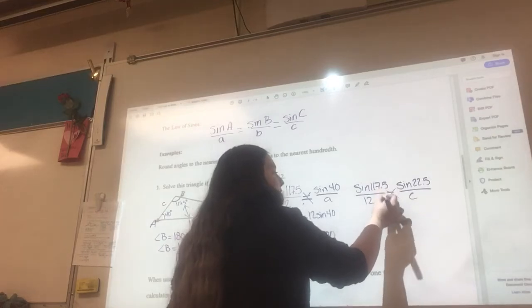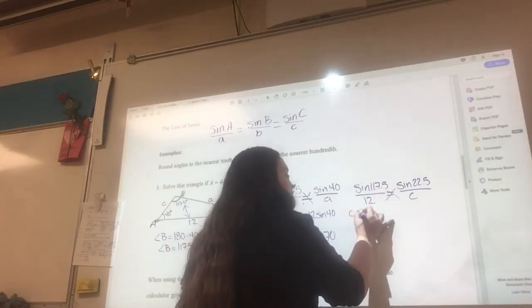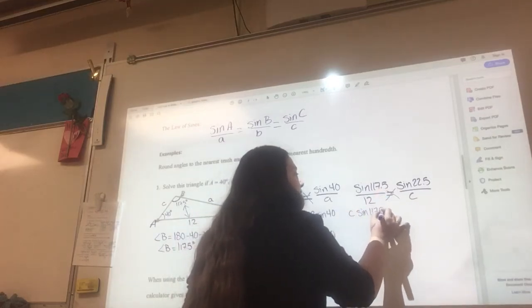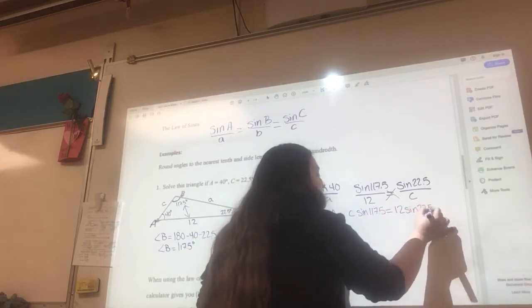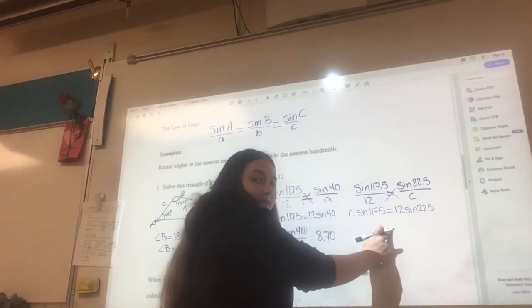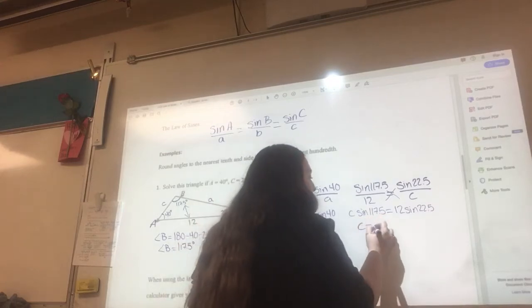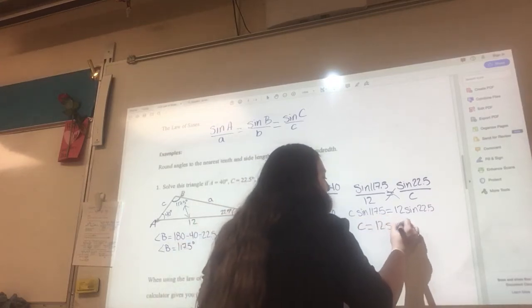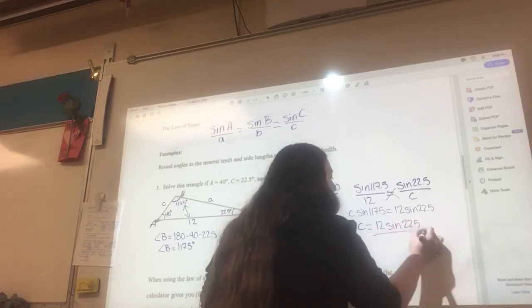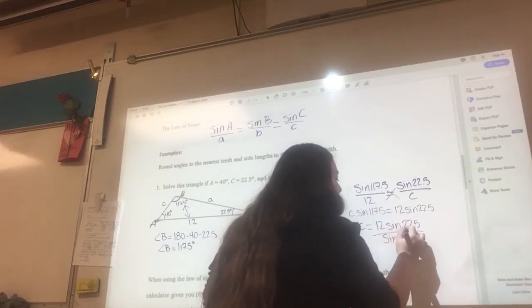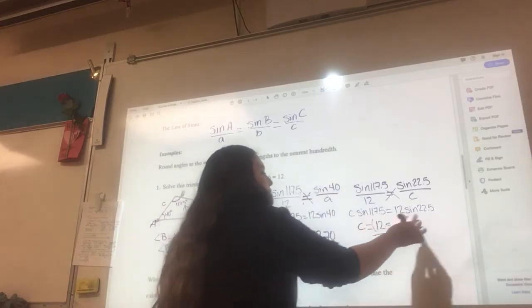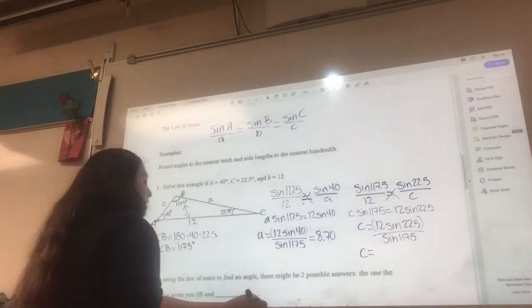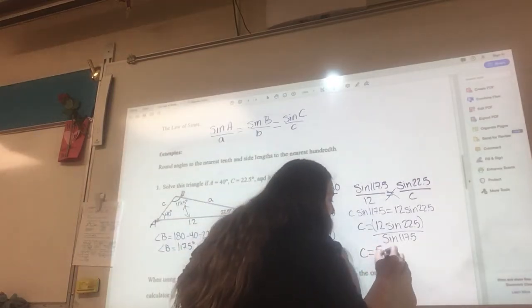We're going to cross multiply to get c sine of 117.5 equal to 12 sine of 22.5. Divide by sine of 117.5, so c equals 12 sine of 22.5 divided by sine of 117.5. Plugging it into the calculator, again make sure your numerator is in parentheses, and you should get that c is 5.18.